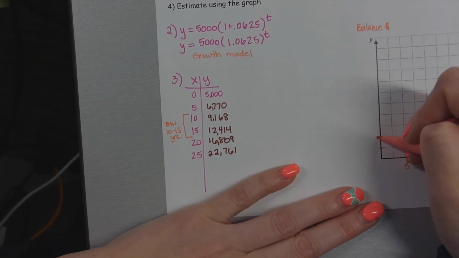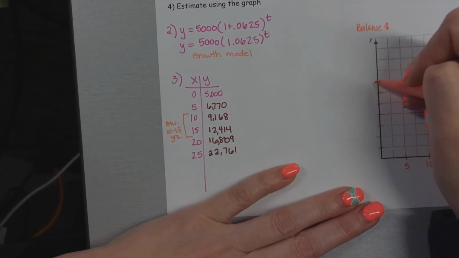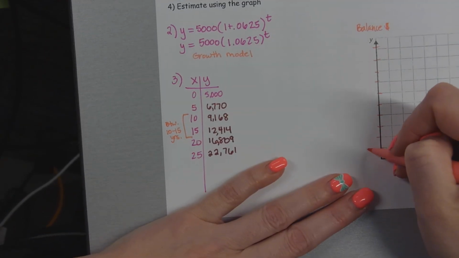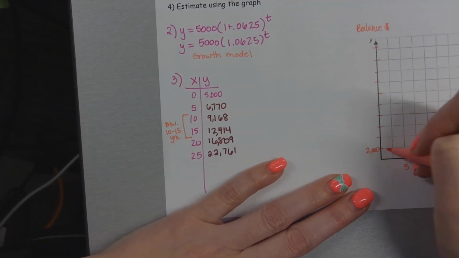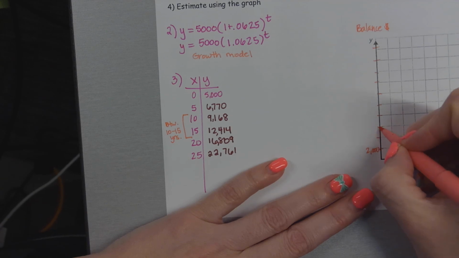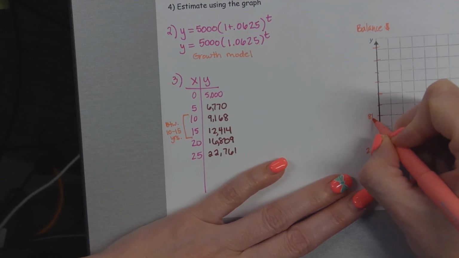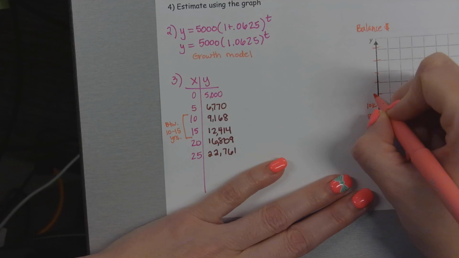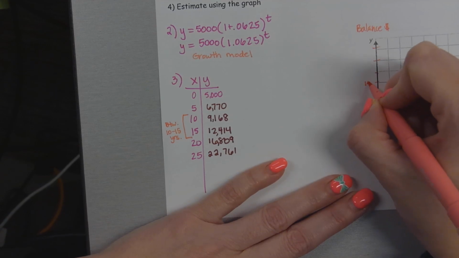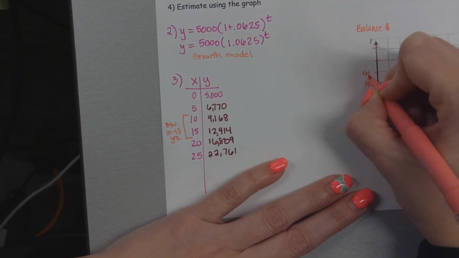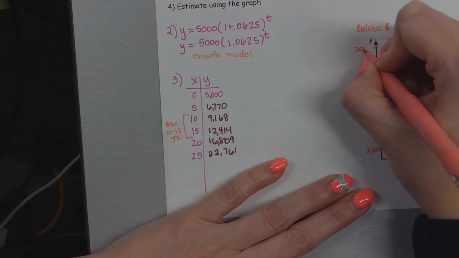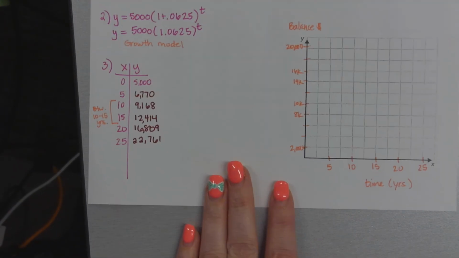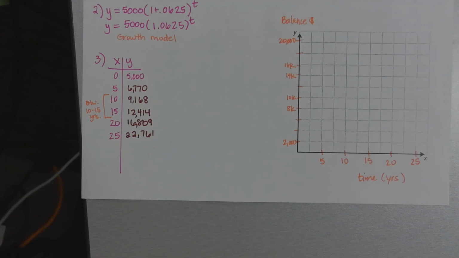So I have 1, 2, 3, 4, 5, 6, 7, 8, 9, 10. So if I go by 2,000, then that should be enough. I'll put 8,000, 10,000, 12. It doesn't matter if you want to put the K for the 1,000 or write it out. Either way is fine.